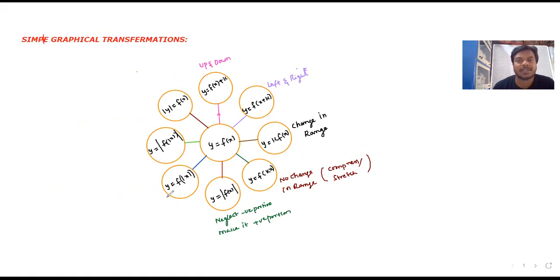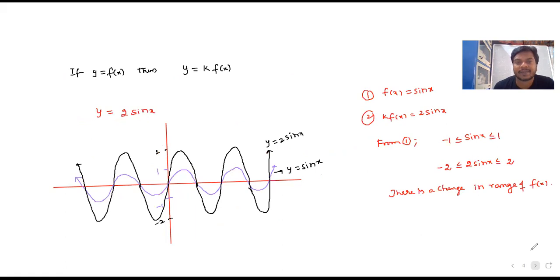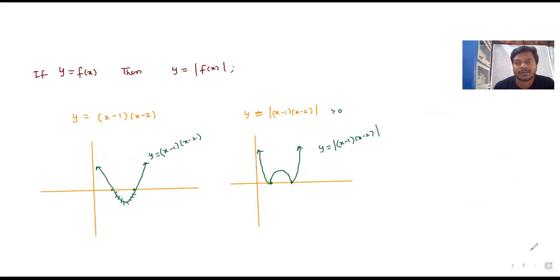Next, we will discuss the graph of y equal to f of mod x. If y equal to f of x is given, then how to draw the graph of y equal to f of modulus x?